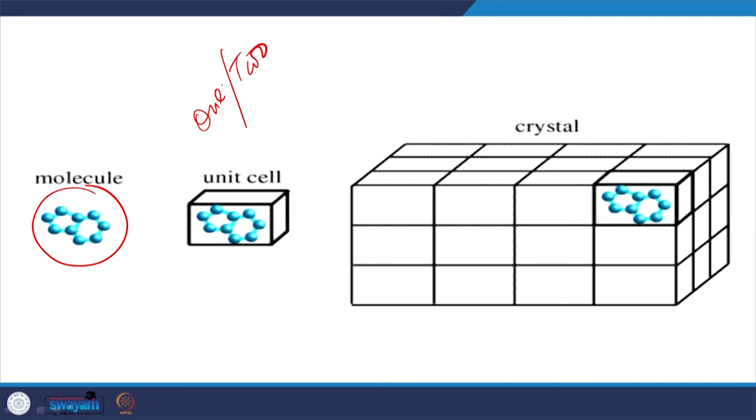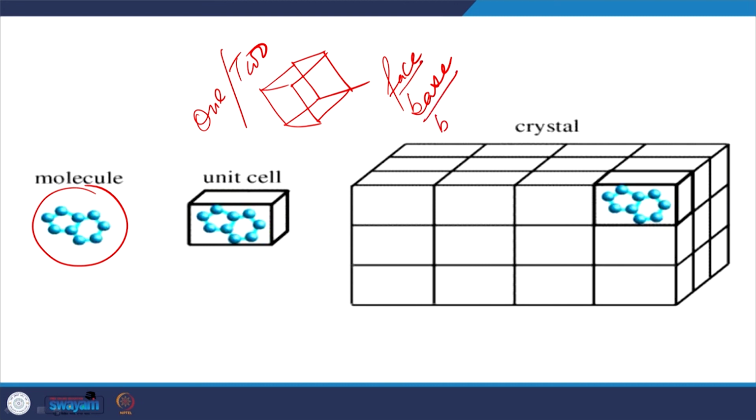They could develop many symmetries; like if you see, it could be a cube. In the cube, the molecule might be present on the corners, on the faces, on the base, or in the body.